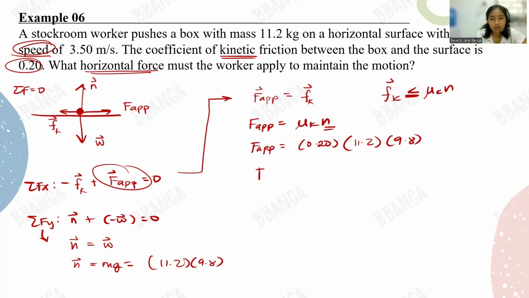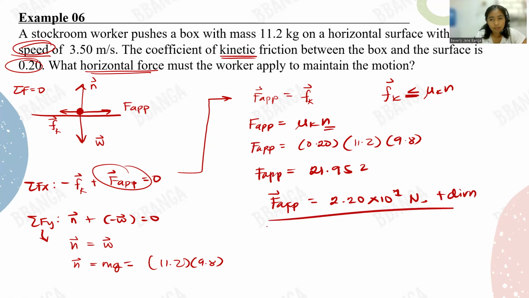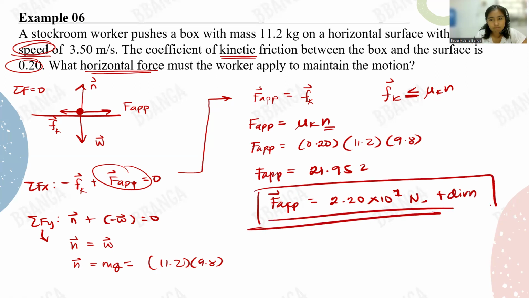Okay, so this will give us F applied is equal to 21.952, or F applied is basically 2.20 times 10 raised to 1 Newton to the positive direction. Okay.